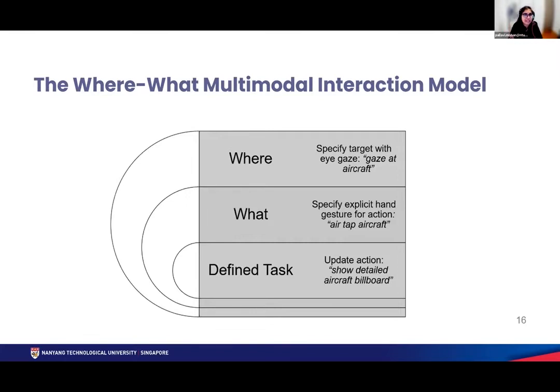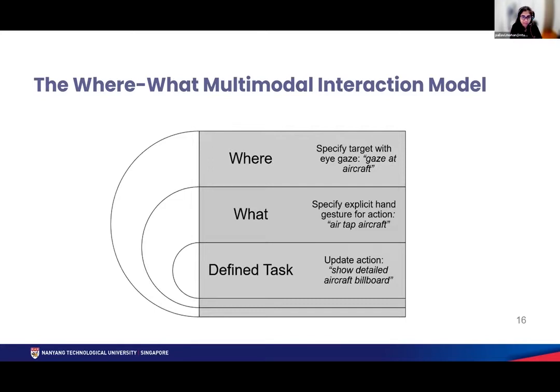So in this case, the hand gesture is an air tap. And for example, the user performs a hand gesture that means show detailed billboard. So the user looks at a particular aircraft to specify where, and the user also does an air tap to specify what action to take on that aircraft. So this leads to the defined task being show detailed billboard on the aircraft that I'm looking at right now.